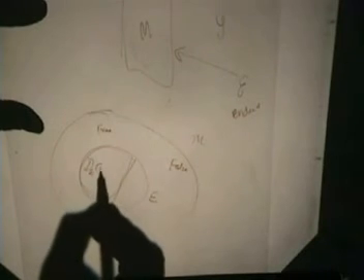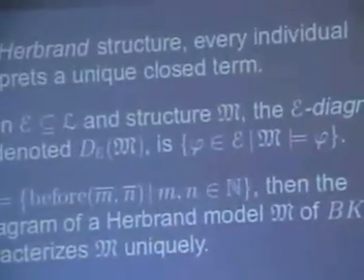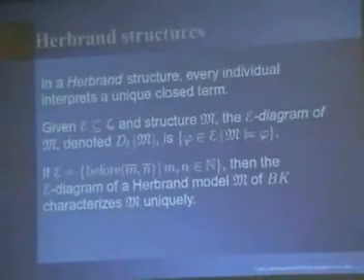Now in this case that we have just seen, if the evidence was just the before predicate, that is, all the things that were true with respect to the before predicate, then the E diagram of a Herbrand model M of BK characterizes M uniquely. Now what does this mean?